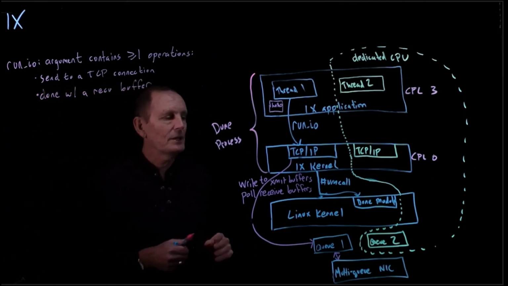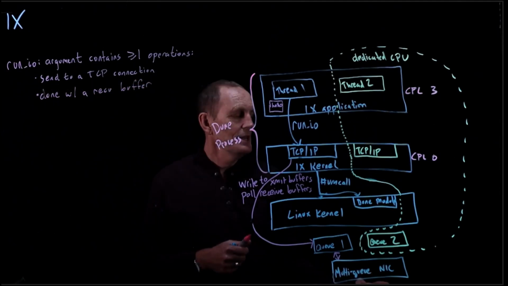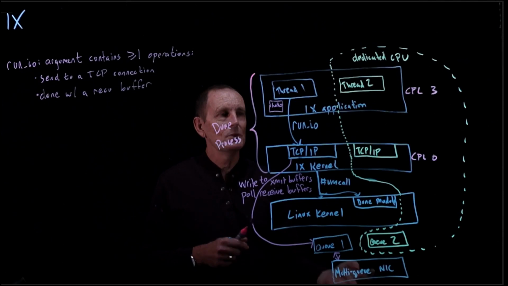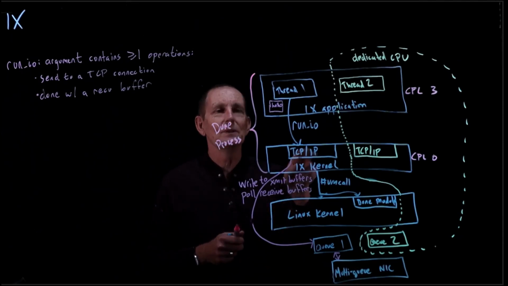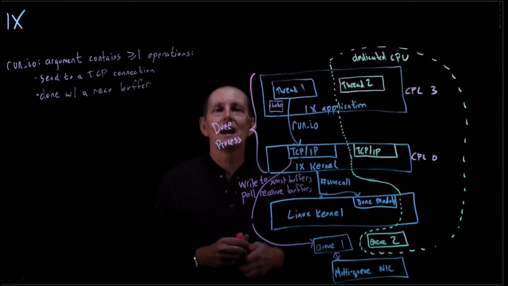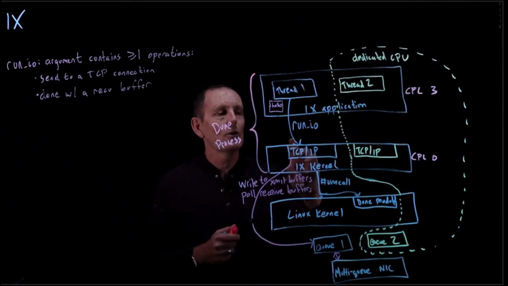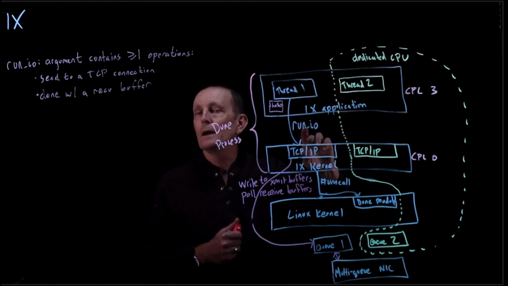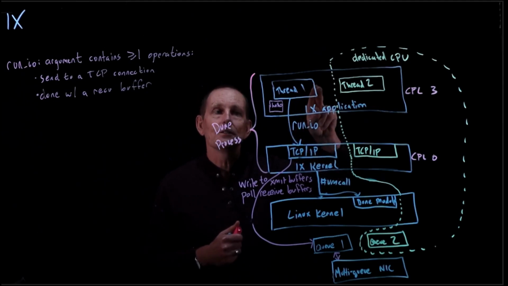Another thing we can do is, if we're done with a receive buffer. I mentioned the zero copy, and the idea is that when the NIC gets an incoming packet, it's going to be put into memory. The TCP/IP is going to figure out what TCP connection that is, where's the data from it, and then through memory mapped IO make it available to the IX application. Then the application runs.